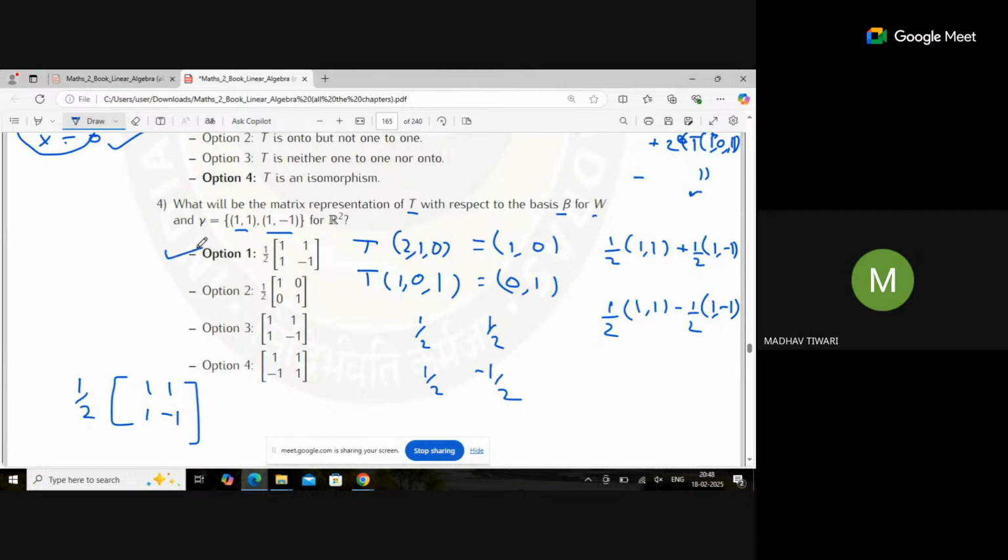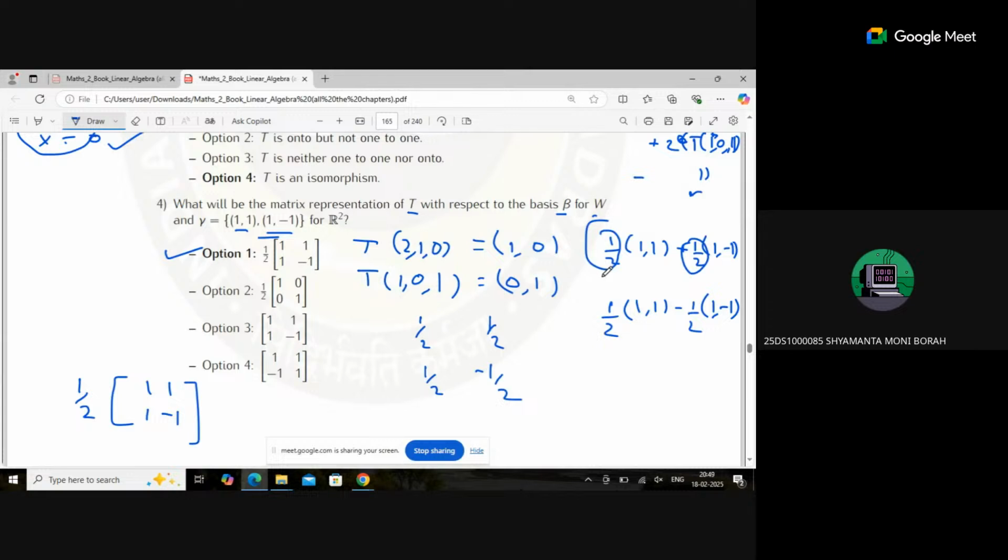Is that clear? Anyone facing an issue? Up till this one it's clear, but how did you reach the matrix? Can you explain once again? How did I write this coefficient? The coefficient is fine, sir, but the final matrix. Okay, half, half. We have just written the coordinate vectors.